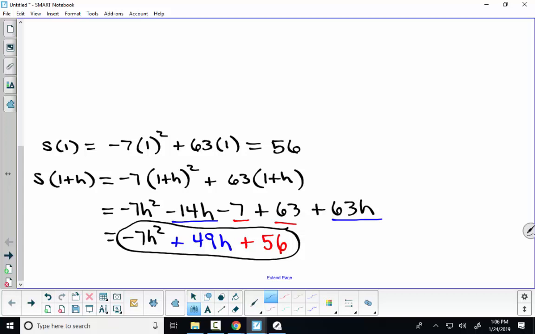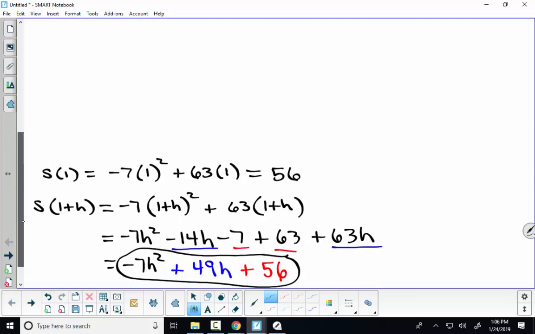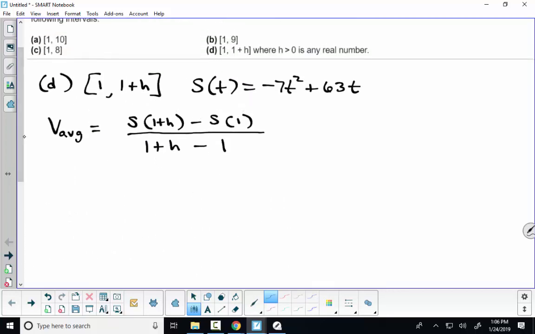Do we not divide by the 1 plus h minus 1? Yeah, we do. So we're going to take our two computations here. Both of those go back in the numerator. So we've got our minus 7h squared plus 49h plus 56 minus s of 1.